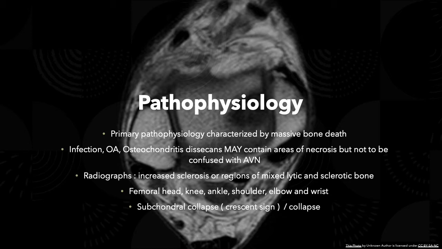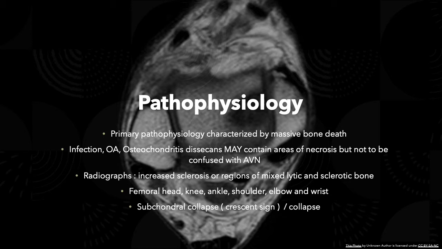It is most commonly encountered in the femoral head, although it can also be found in the more distal aspects of the femur and thus the knee. Of course, it occurs in the ankle and will be the focus of tonight's discussion and review. It is also encountered in the shoulder, elbow, and wrist.